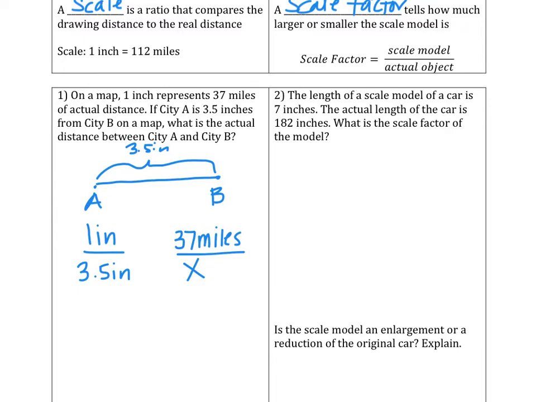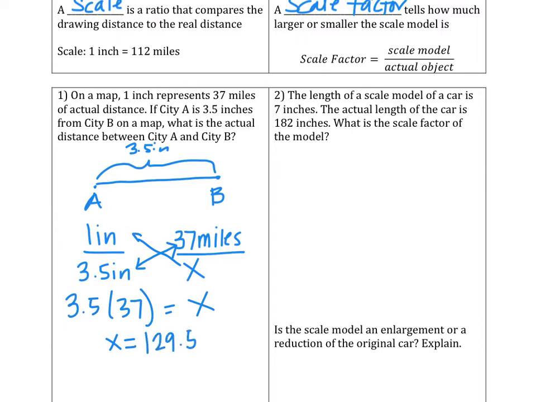So we're going to multiply these two together, and these two. We're going to do the math on that, and we're going to get that x equals 129.5 miles between city A and city B.